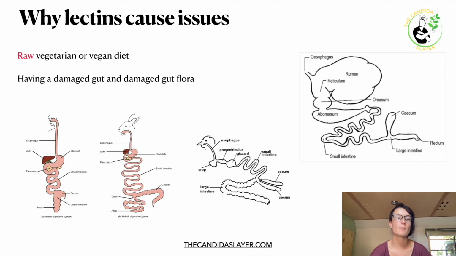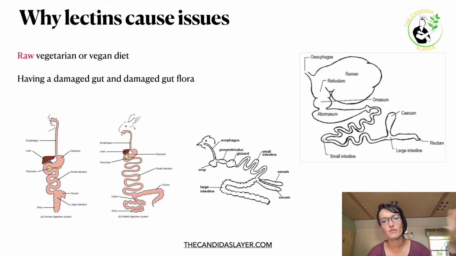Okay. So, why lectins? When can lectins cause issues? Well, it's because we are humans and we have an omnivore digestive system, as I explained in my other videos about anti-nutrients. Here you can see the digestive system of a cow on the right. The cow has 4 stomachs and a big cecum that makes her adapted to digest plant foods in huge quantities.